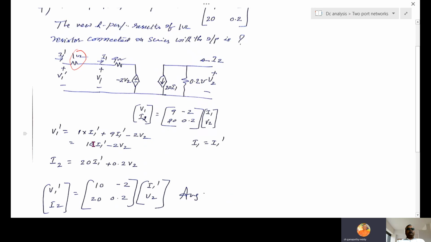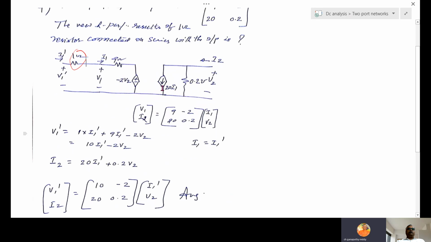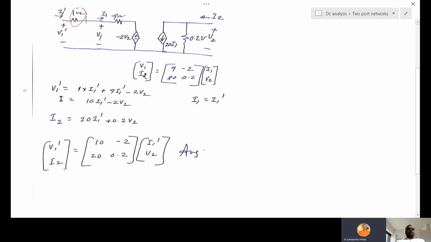Simplify this one and we get this equation. Then I2 is equal to 20 I1 is the current, 0.2 V2 another one. Now V1 prime in terms of I1 prime, V2 is one equation, I2 in terms of I1 prime, V2 is another equation, then express in matrix form. This is the H parameter of the complete network.